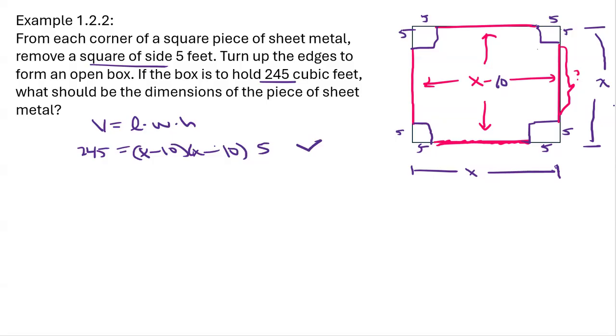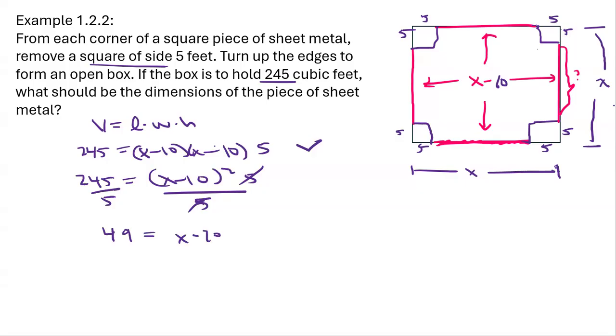So when we do this, we're going to rewrite this as 245 equals x minus 10 squared times 5. Then we're going to divide both sides by 5. So the 5's cancel, and 245 divided by 5 is going to give us 49 equals x minus 10 squared.